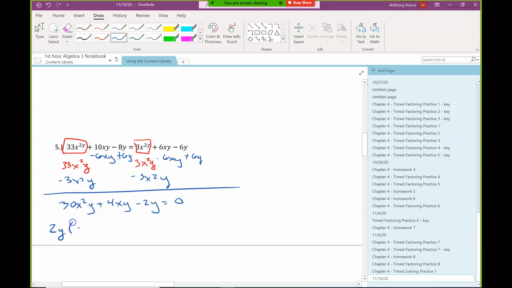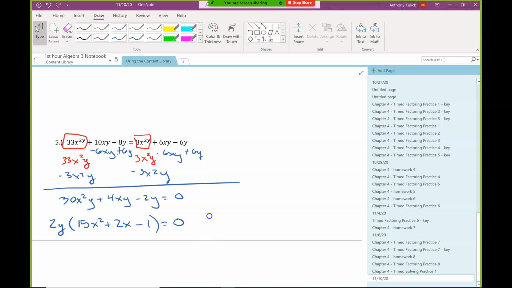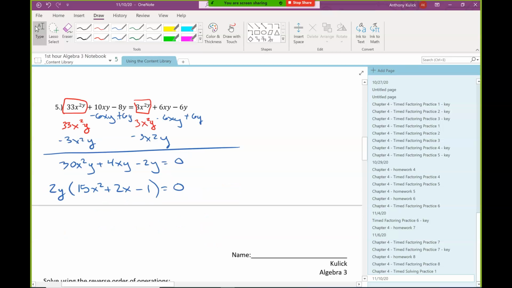So I'm going to factor out a 2y. So far, so good, Walter? Okay. And now I'm going to just worry about factoring the 15x squared plus 2x minus 1 part.